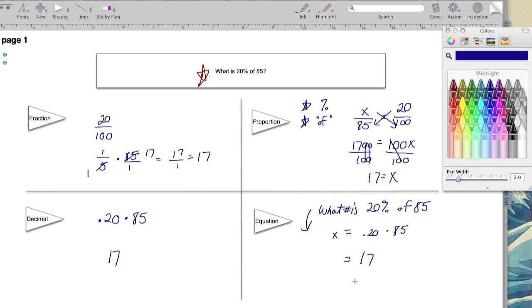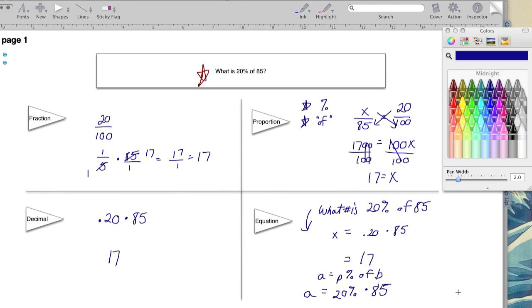The answer is 17. We also said with the equation method, you can think of it as A equals P% of B. A is our part, B is our base, and P is the percentage, so we have 20%. "Of" is to multiply, 85 is our base, our entire amount. So we set it up very similarly when we're solving for a part of that base.